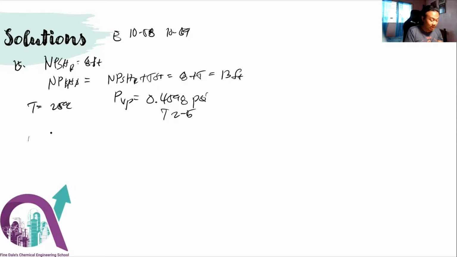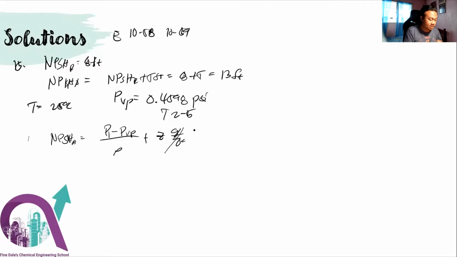So now we will get the delta Z. The formula for this is NPSHA equals P1 minus the vapor pressure of the water divided by the density, plus Z g over gc.